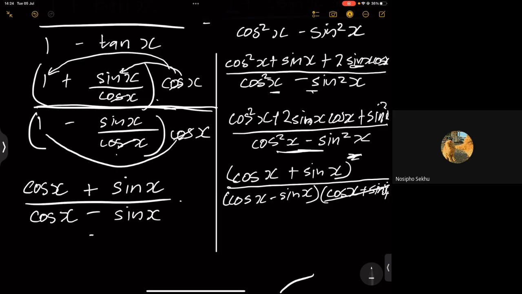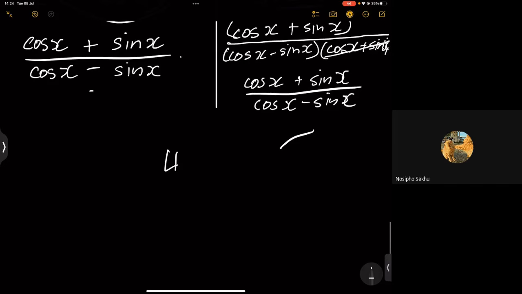So what do I end up having? Cos x plus sine x divided by cos x minus sine x. All right. And what can I conclude? Left-hand side equals right-hand side. Are we good, ladies and gents?